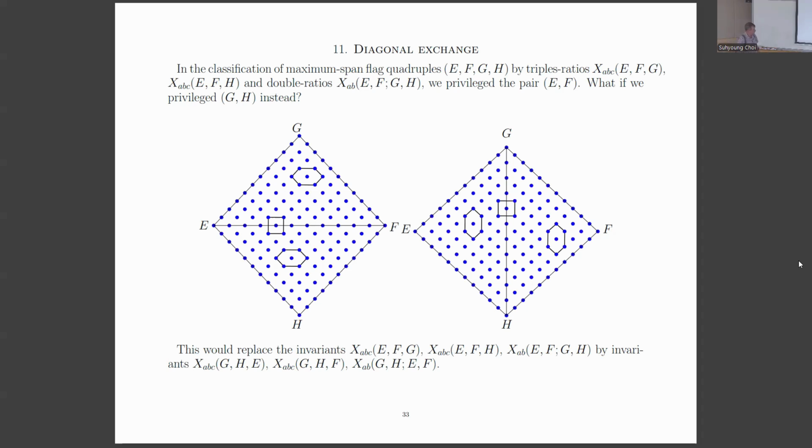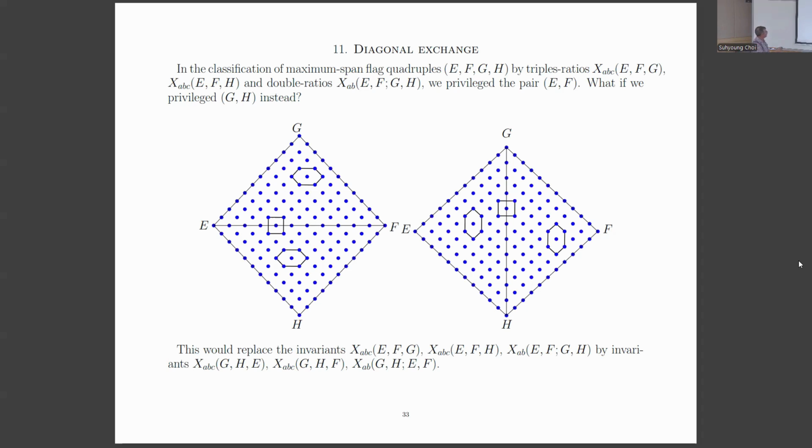Okay, but if I draw a picture like this, you see I put emphasis on the diagonal from E to F, because I looked at EF, I split the square along this diagonal into these two triangles. But my square, I could have split it the other way.